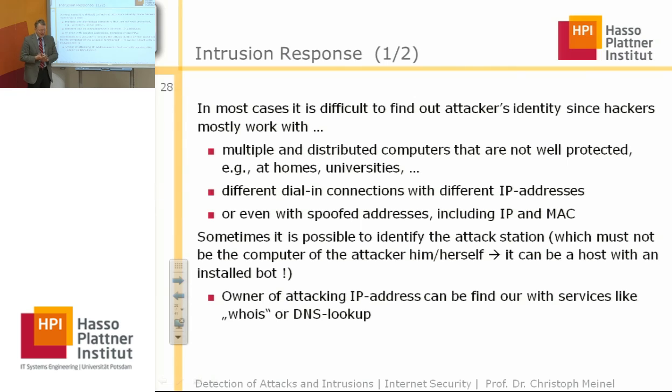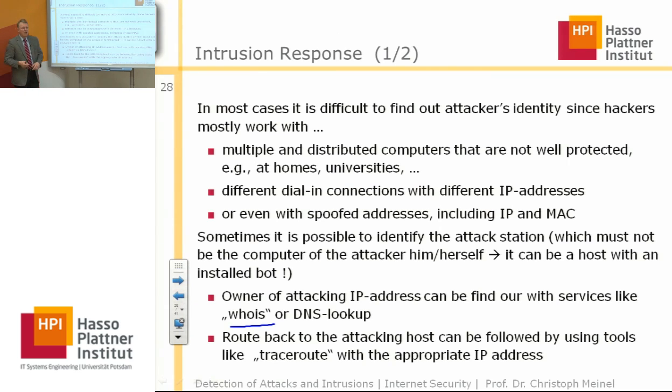How to find the owner of an attacking IP address? There exist services like WHOIS or DNS lookup. So one can identify, and that's the reason that intrusion detection has to record all the data in case of attacks, the attack station, for example, using this.